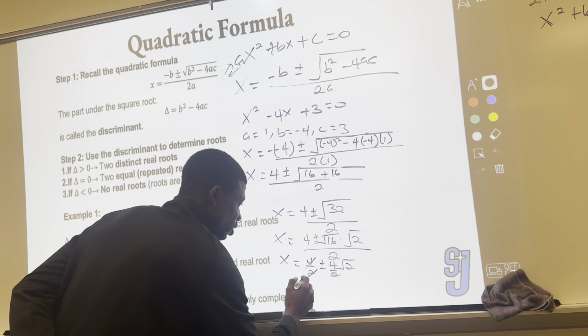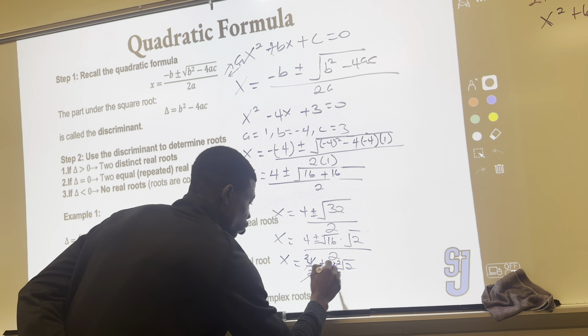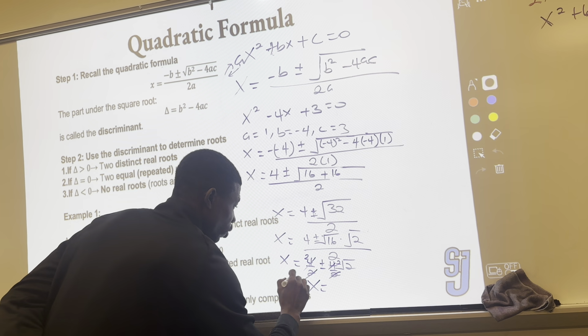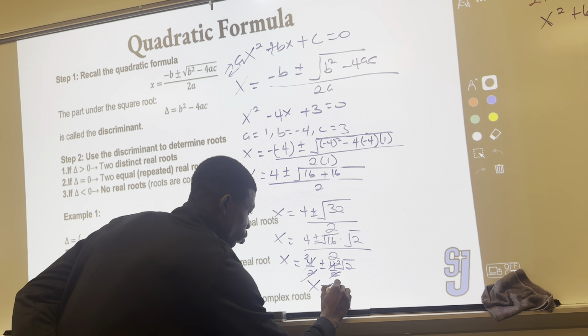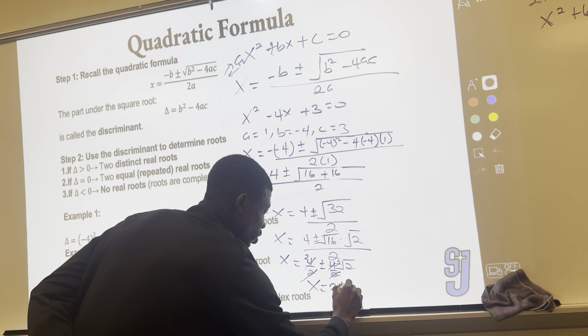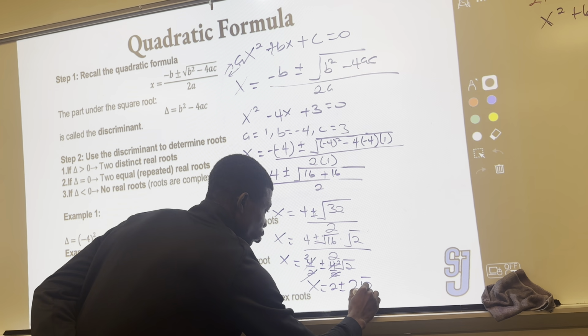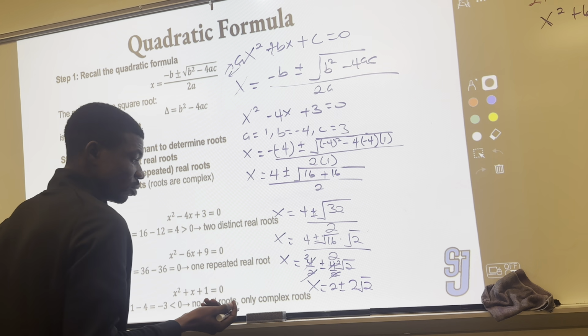And so I have this 2, so I have my x equals 2 plus or minus 2 root 2.